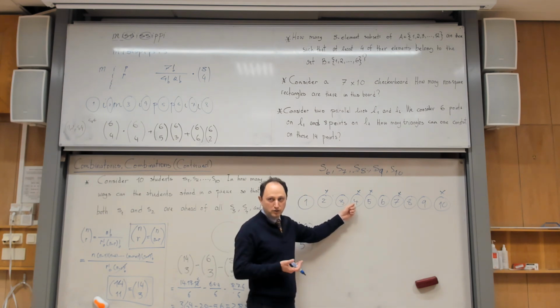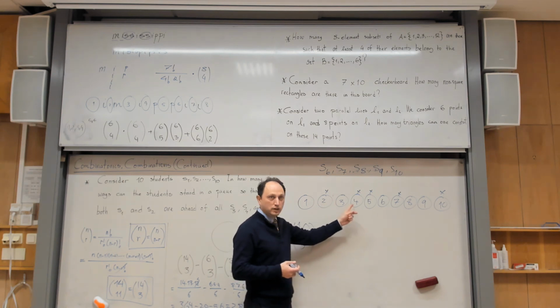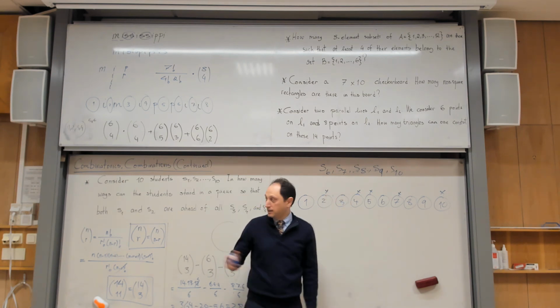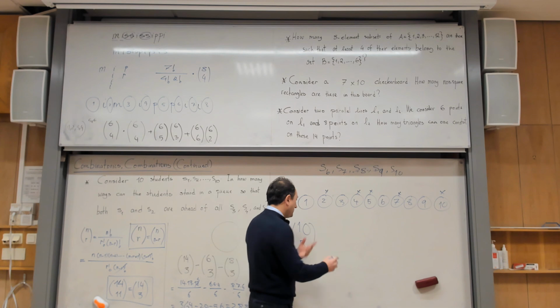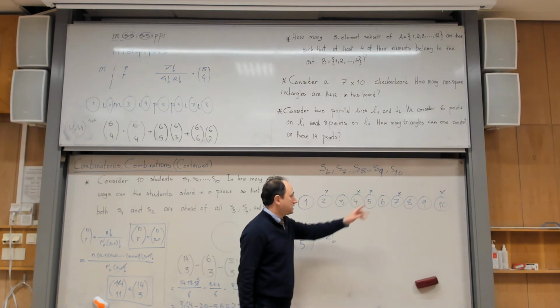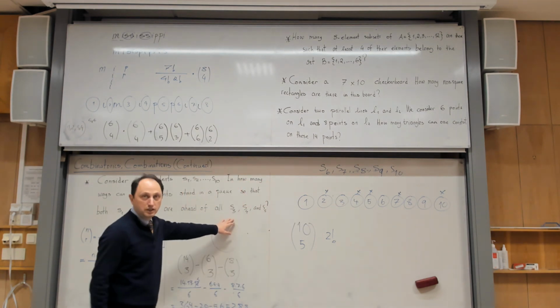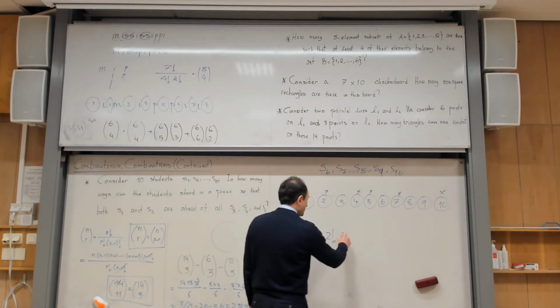There is no other way. Do you agree with me? So it means that now I have 2 positions, 2 and 4, which have to be dedicated to S1 and S2. In how many ways I can do that? 2 factorial. And now what is left? 3 positions are left, and I have 3 students here. I have to arrange them, so it is 3 factorial.